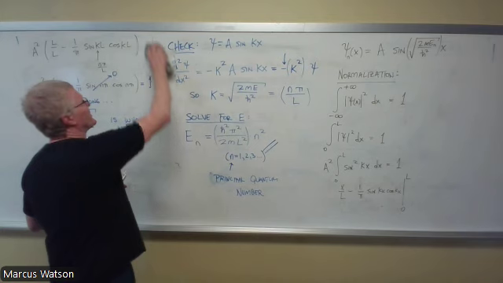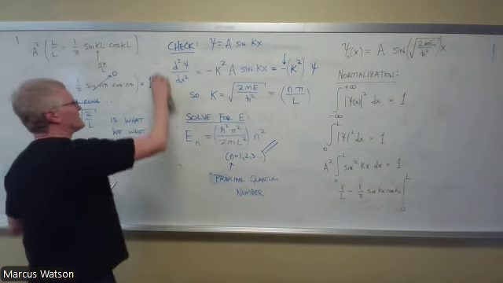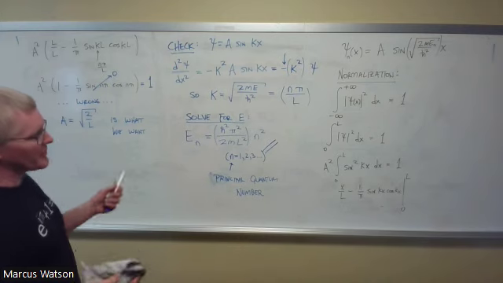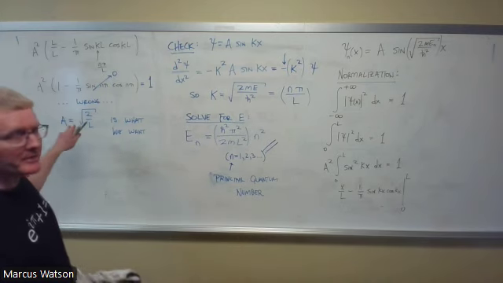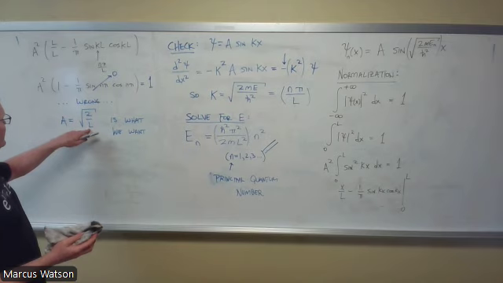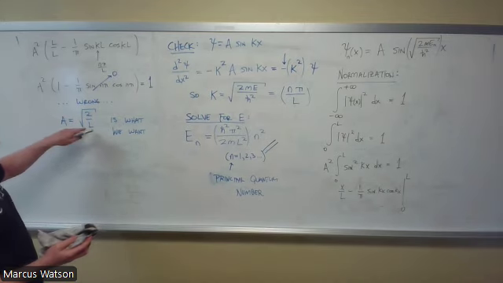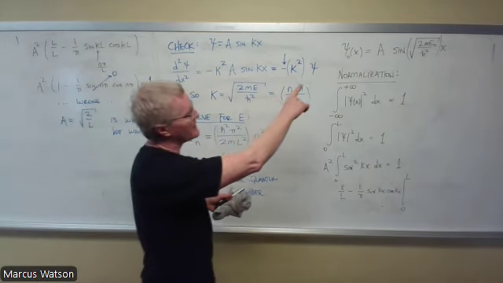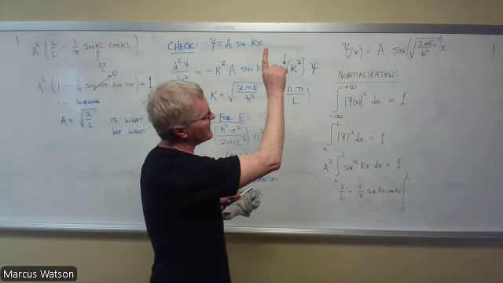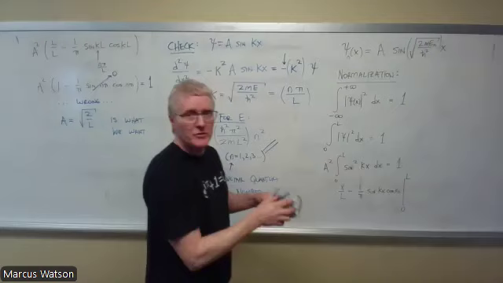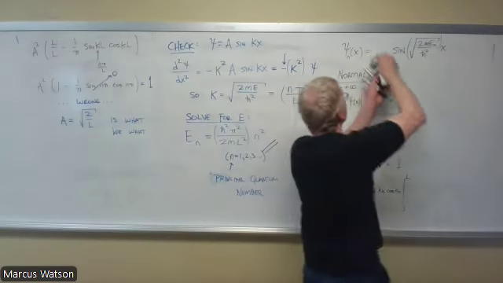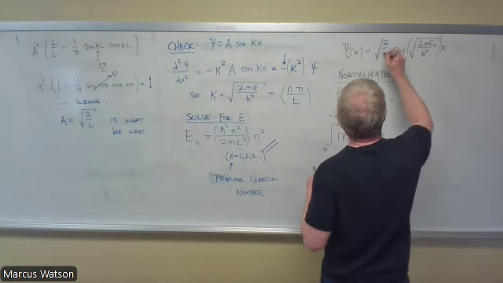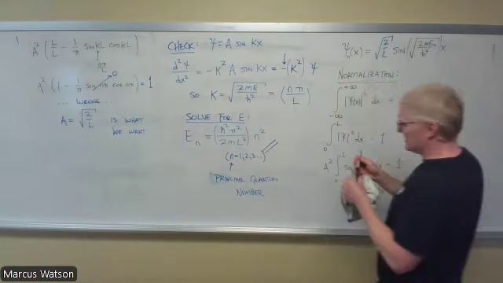So whatever it was, I messed that integral up, but I do know that this is right. I should get that the constant is the square root of 2 over L, so that when I go back to the wave function, I can use, instead of a, the square root of 2 over L here.